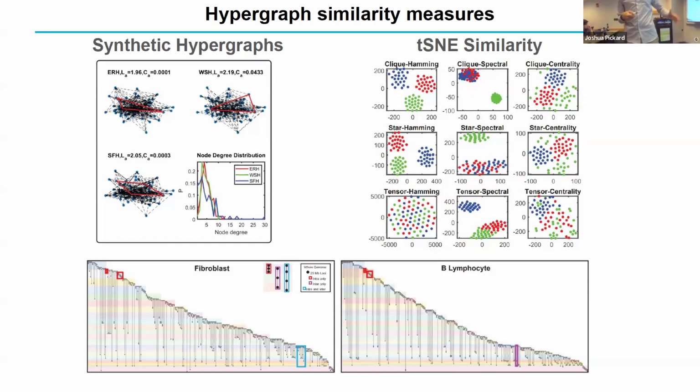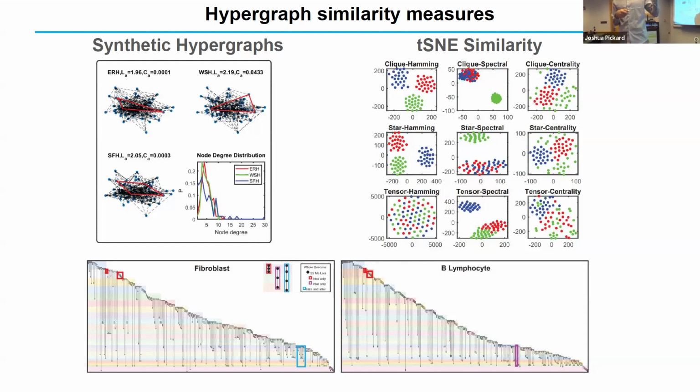To explain the experiment more clearly, we generated hypergraphs according to 3 different models. We used an Erdos-Renyi model, where on a fixed set of vertices you randomly choose hyperedges.